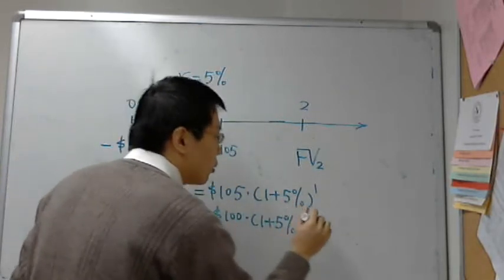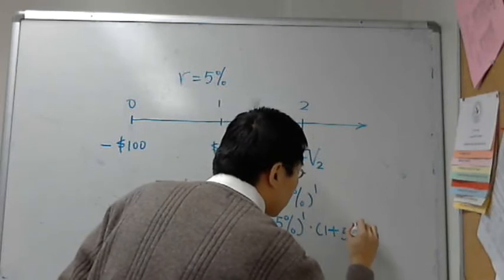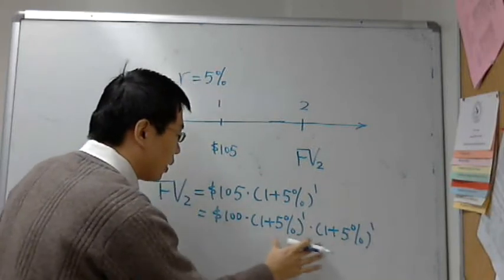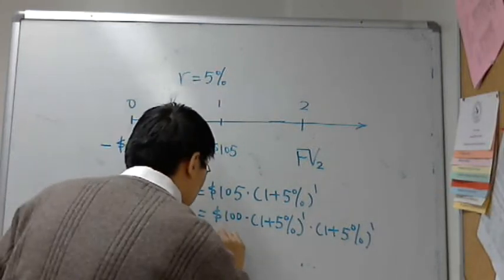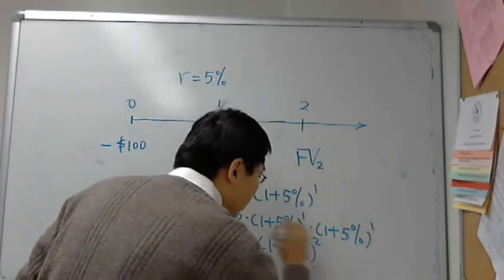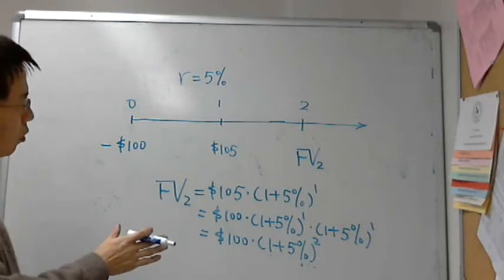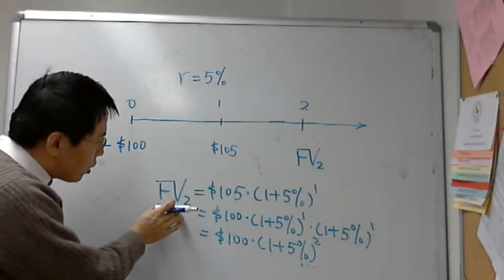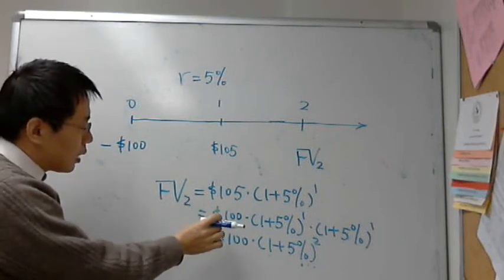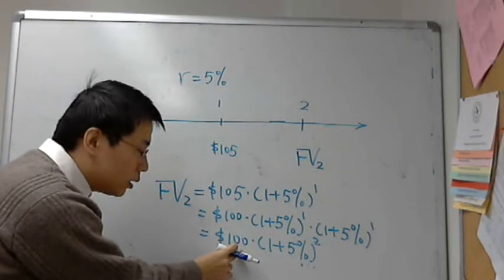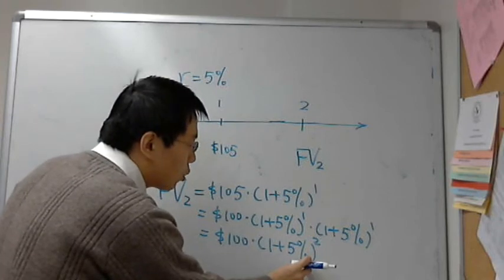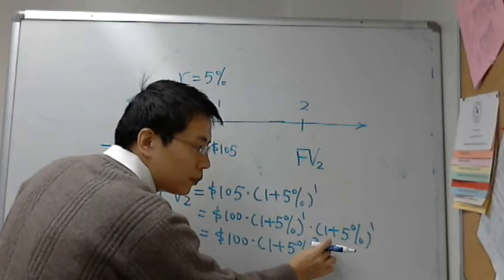And then in the second period, we have a second 5% saved for 1 period. Now I'm going to group the numbers. So you should have 100 times 1 plus 5%, power of 2. Now if you look at the relation, the future value by the end of year 2 is the initial $100 times 1 plus the per period interest rate saved for 2 years.